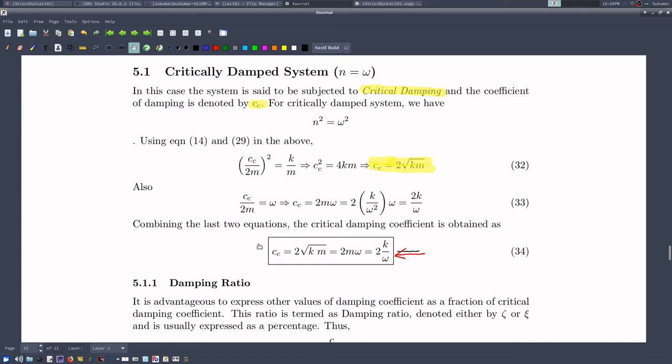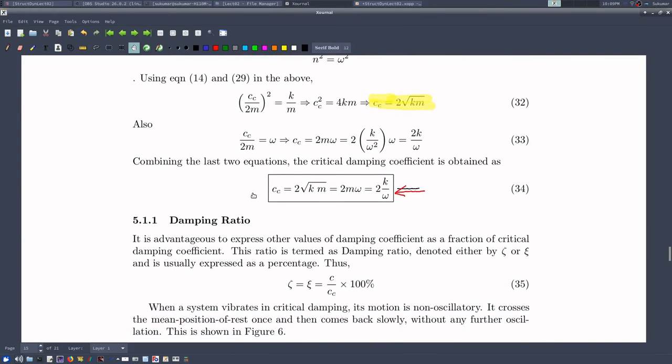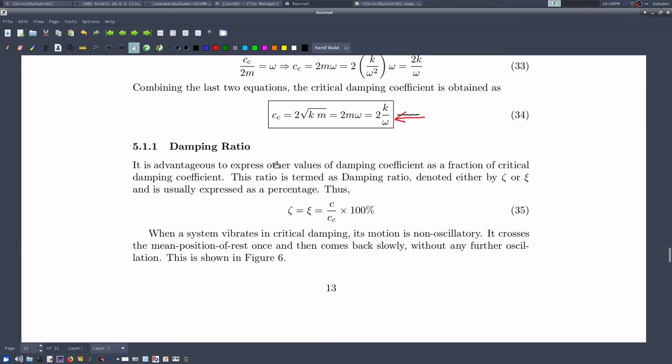All right, now once I have this critical damping, I can express the damping present in any system as a ratio of its own critical damping. Whatever the damping coefficient, the ratio of that damping coefficient to the critical damping is called the damping ratio. It is usually denoted by the Greek letters xi or zeta, and usually it is expressed in terms of percentage.